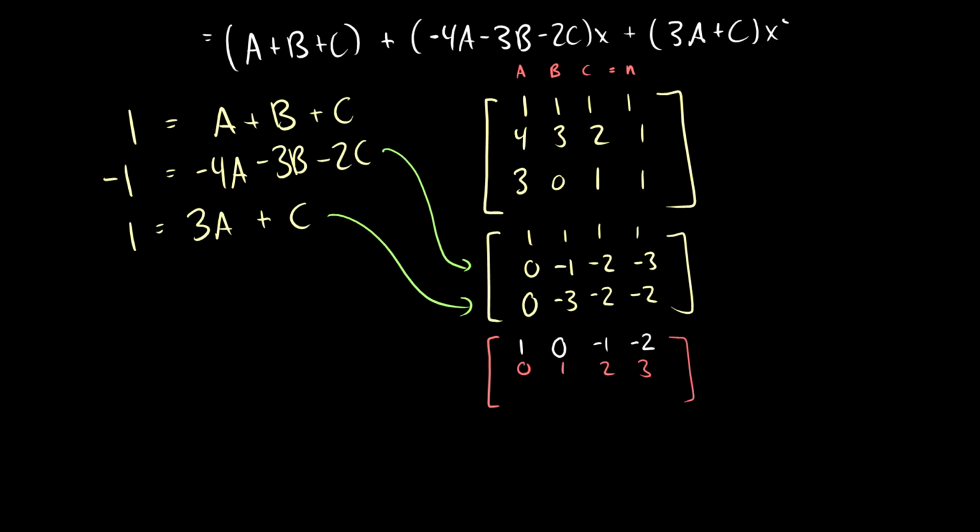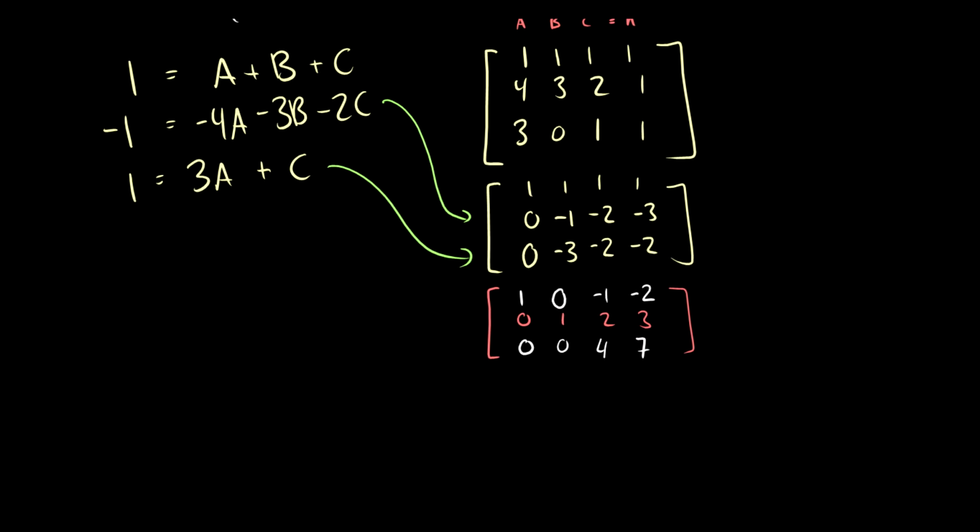And for the third row, we're going to add the second row. So 0, 3, negative 3 plus 1 is negative 2. Okay, now we're going to add it 3 times. So that should be 0. Negative 2 plus 6 is 4. Negative 2 plus 9 is 7.